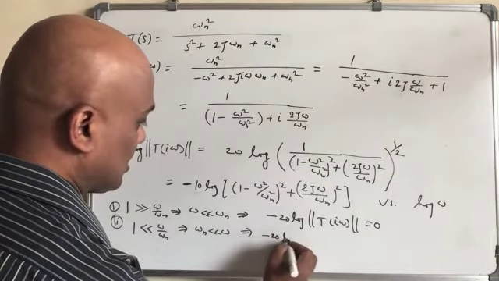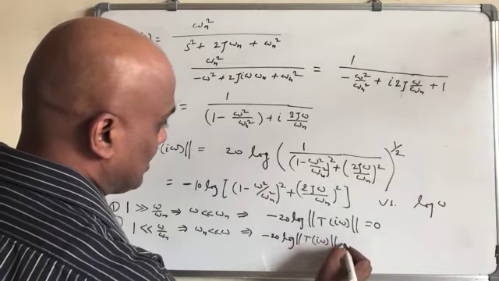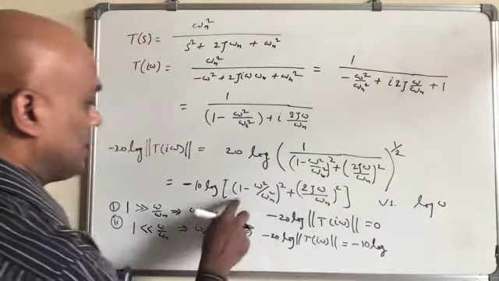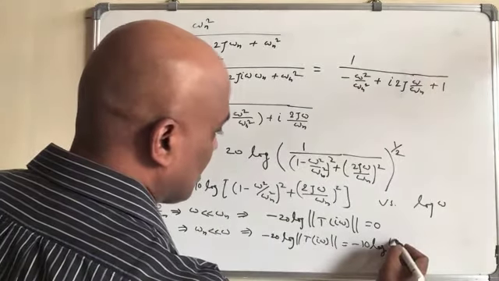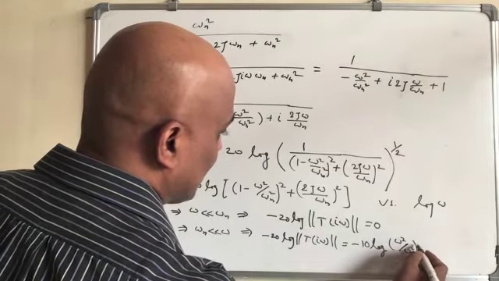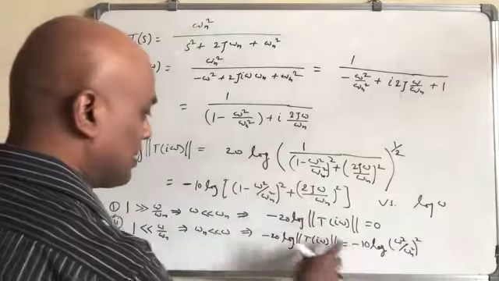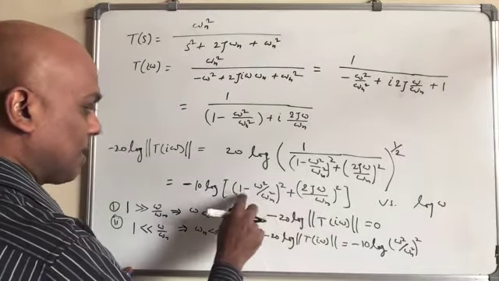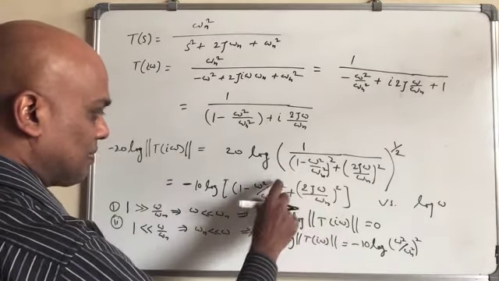So we will get minus 20 log T I omega is equal to minus 10 log, and then you have just this, meaning omega square over omega n square, squared. All others can be neglected because they are small in comparison; this can be neglected, and this can also be neglected because this is the bigger power.